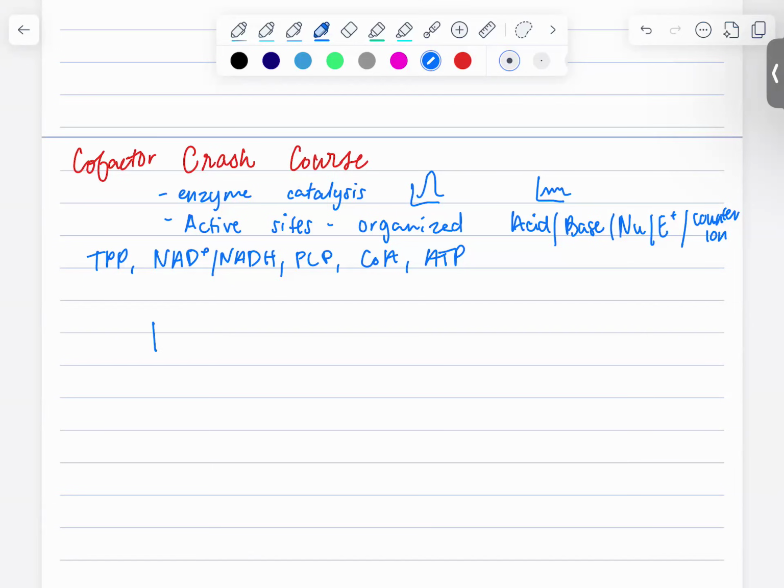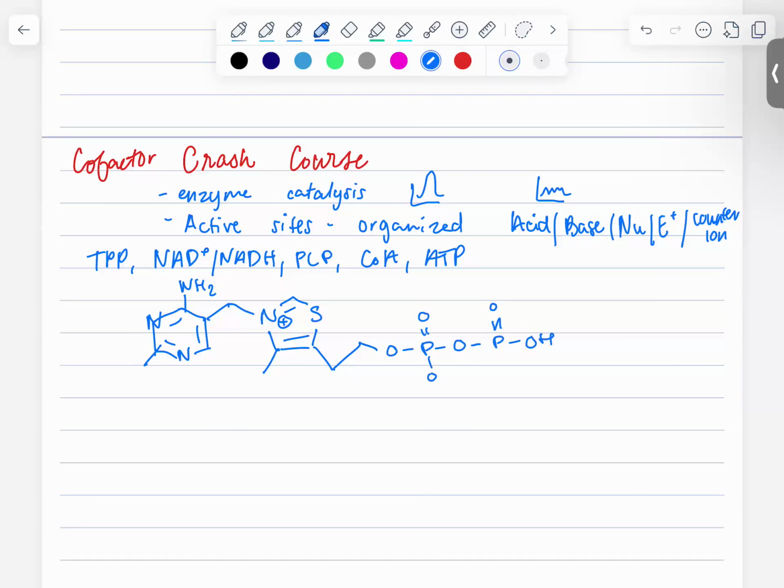And so with TPP, this is one of those cases where it has a big complicated structure where only a specific part of it is actually useful for our chemistry. This is the entire structure of TPP.